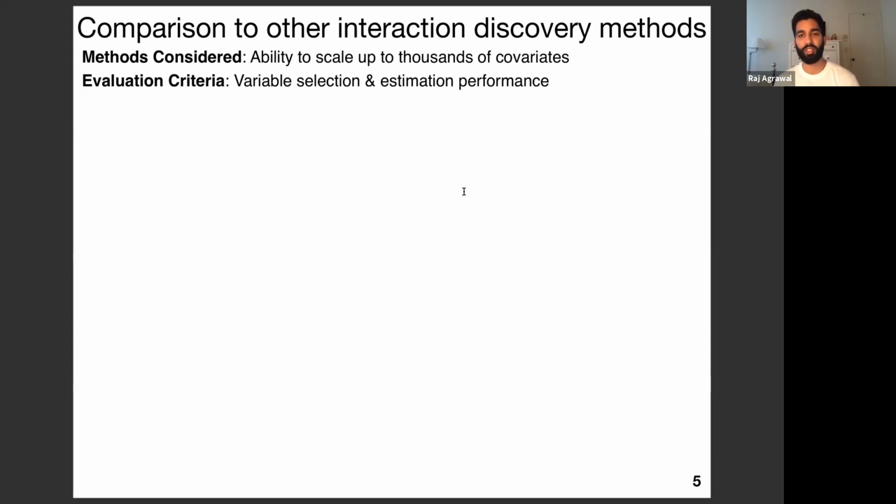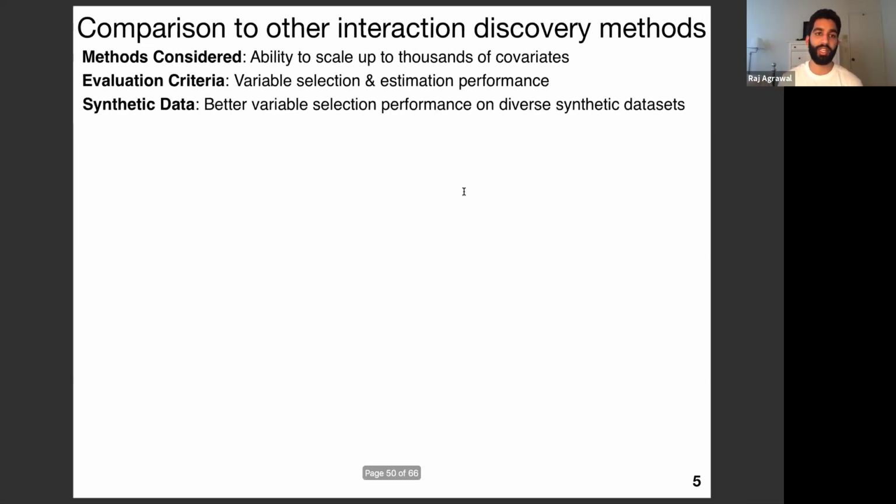But this is challenging because, unlike standard machine learning applications where you can immediately turn to real data and look at out-of-sample predictive performance to benchmark methods, here real data doesn't contain ground truth. So to do benchmarking in real data, we construct a sort of synthetic ground truth to then benchmark methods. But what we can always do is look at synthetic data first and have ground truth to compare methods.